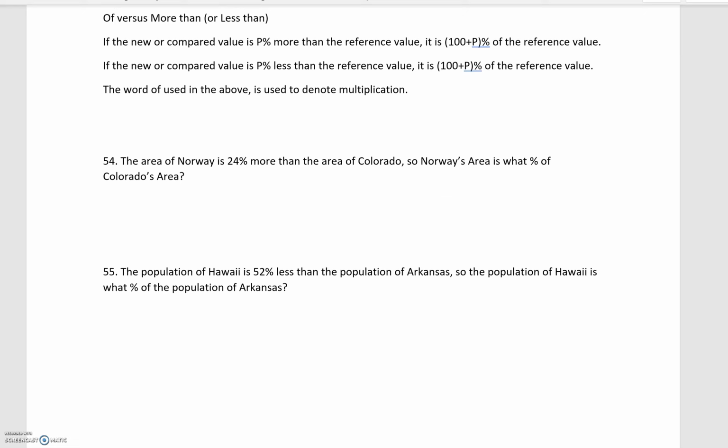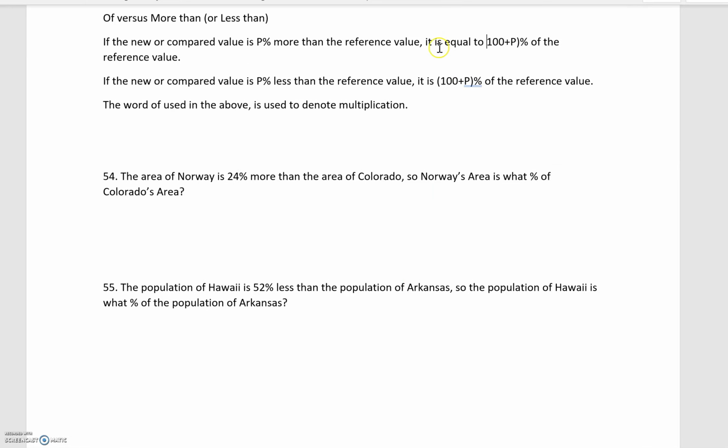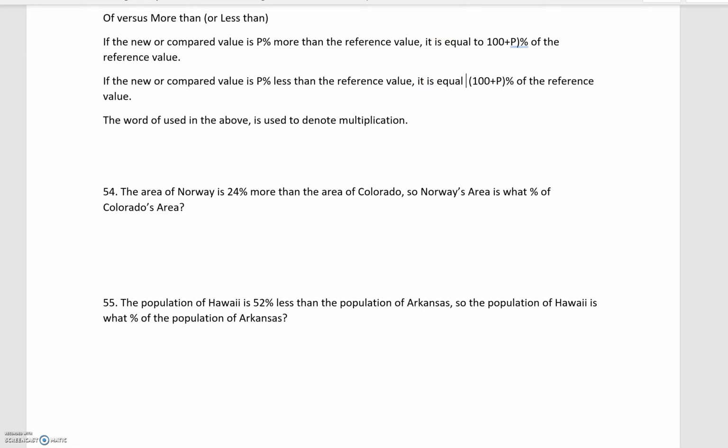So if a new or compared value is p% more than a reference value, it is equal to 100 plus p% of the reference value. If the new or compared value, okay, so I have a typo here. If the new or compared value is p% less than the reference value, it is equal to 100 minus p% of the reference value.